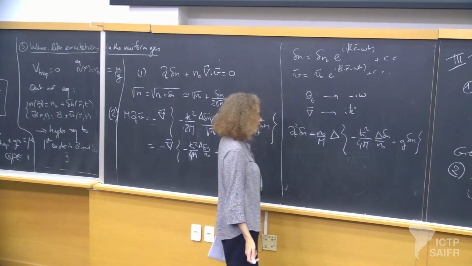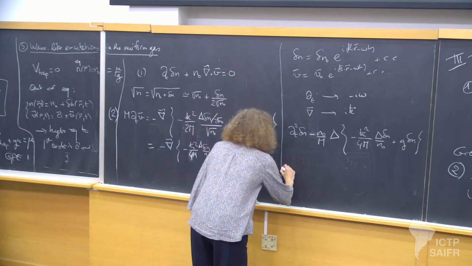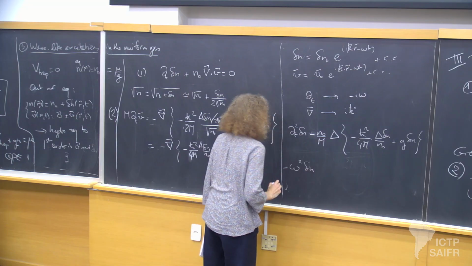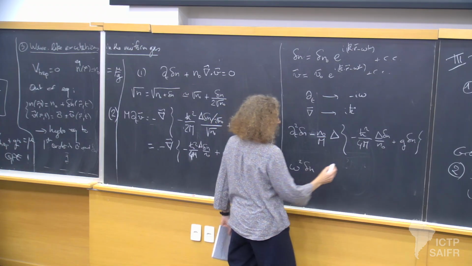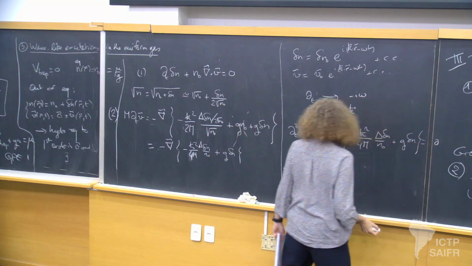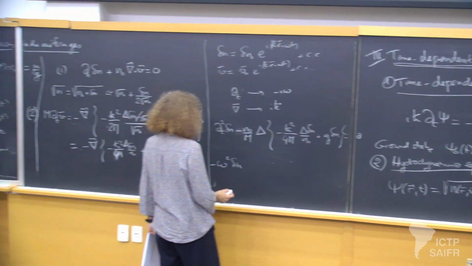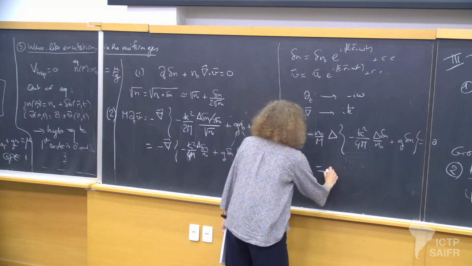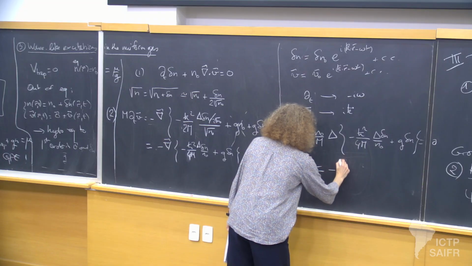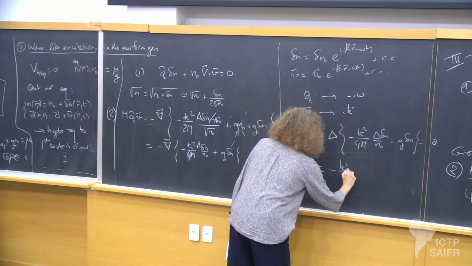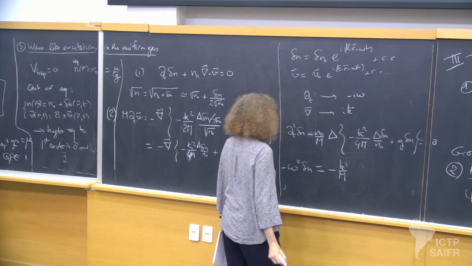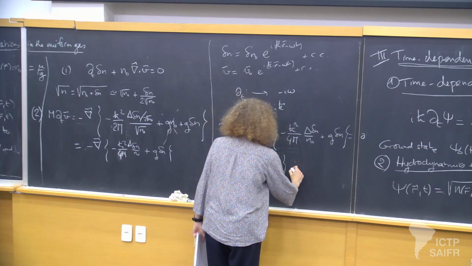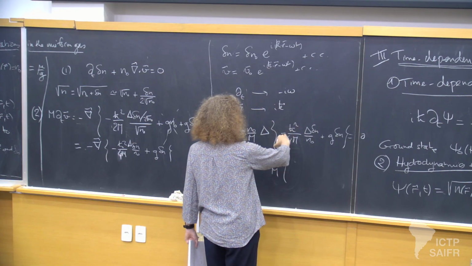And I find that minus omega squared delta n is in fact equal to minus k squared over m, and then I have already the minus and the second derivative.